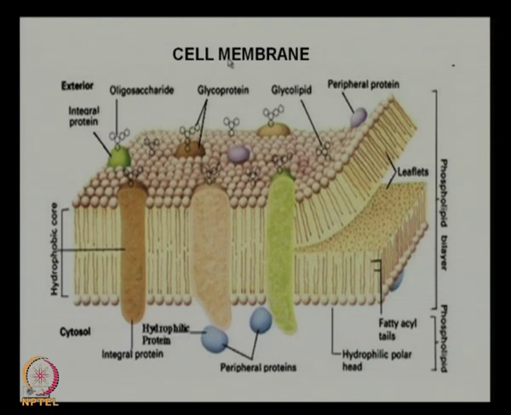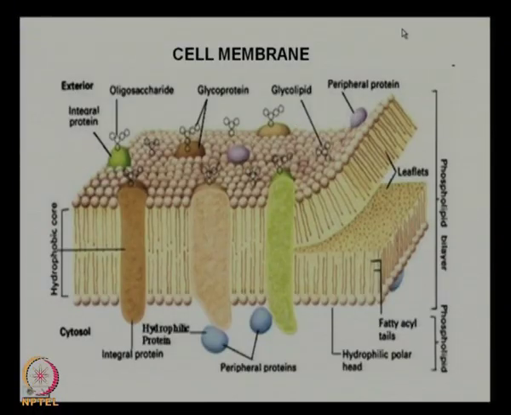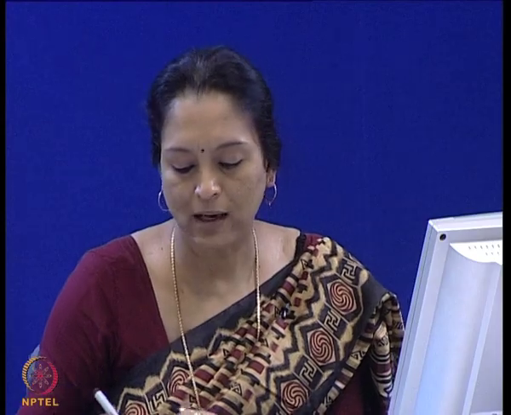Now, coming to the cell membrane. Below the cell wall is the cell membrane. When we talk about the cell membrane, we have to have knowledge of another macromolecule which is present in it, the lipid.